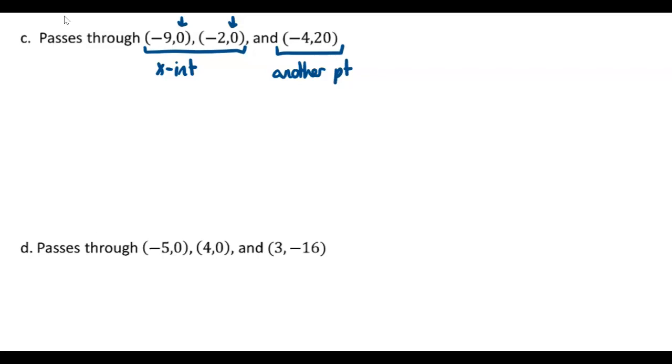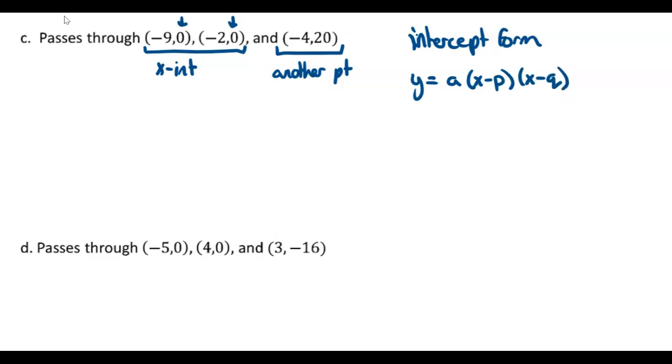So because they gave me the x-intercepts, I'm going to start in intercept form, which is y equals a times (x minus p) times (x minus q). Now, my intercepts, p is -9, q is -2, and this other point is (x, y). So because they gave me a point in addition to my x-intercepts, I can find a.